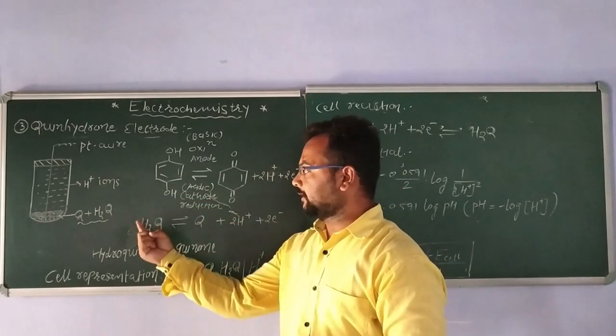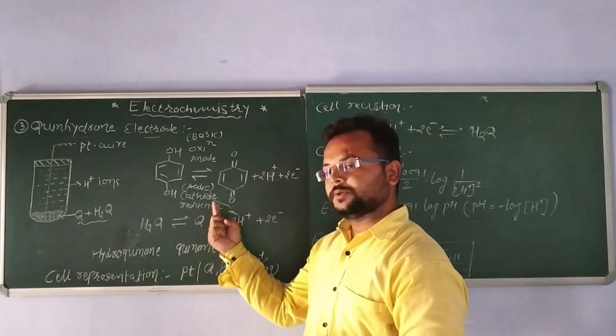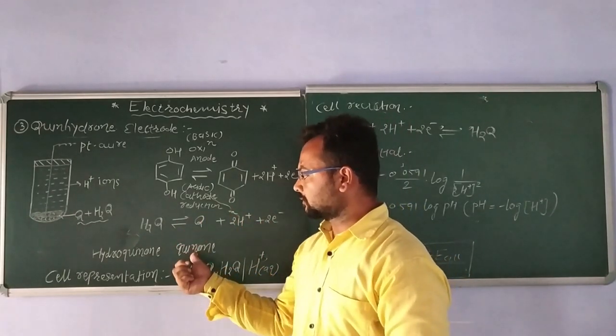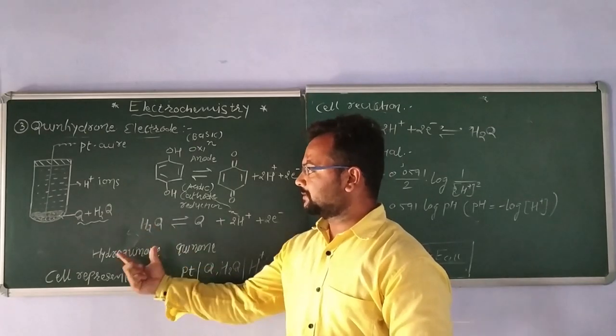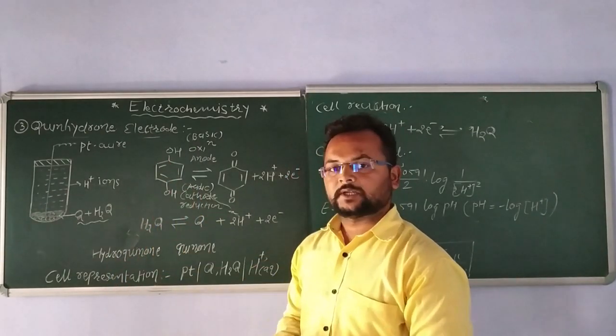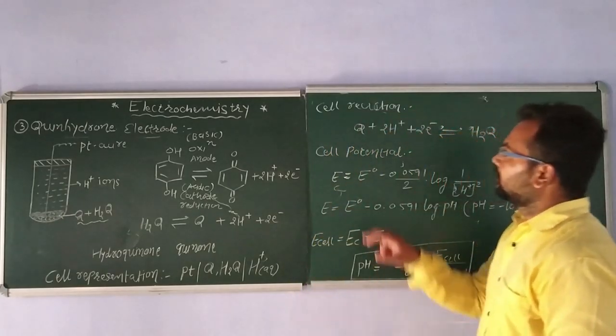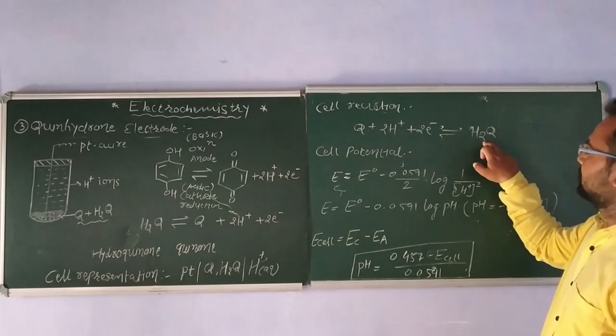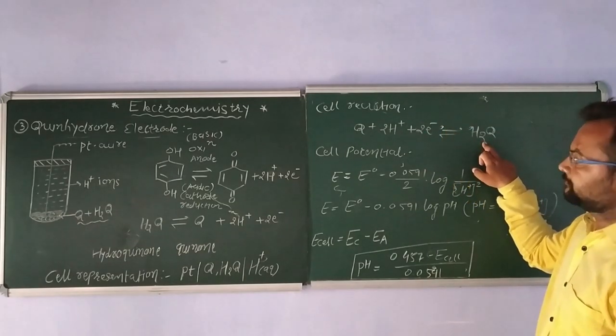We also write H2Q is in equilibrium with Q plus 2H plus plus 2 electrons. Here Q is quinone and H2Q is hydroquinone, where 2H are attached to the oxygen. The cell reaction is Q plus 2H plus plus 2 electrons giving H2Q.